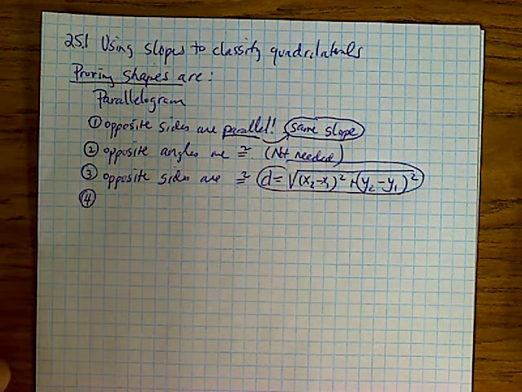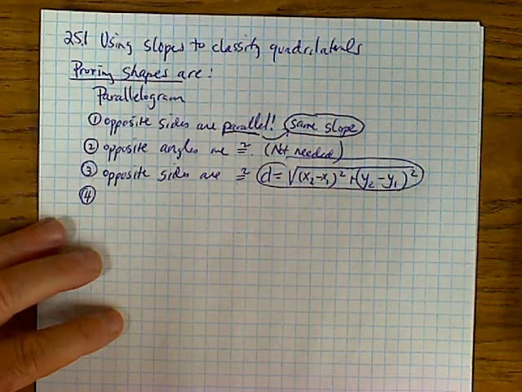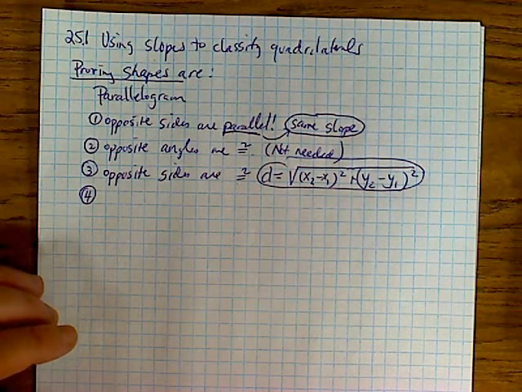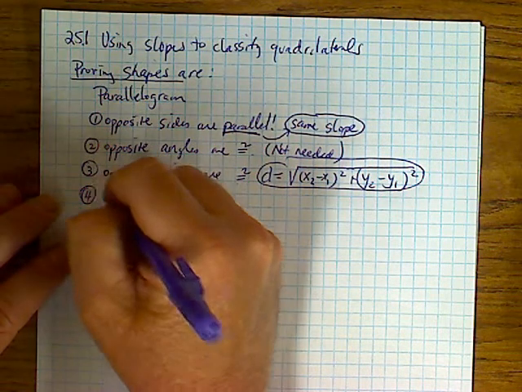Okay, fourth thing. How do I know that I have a parallelogram? There was one more thing, something about the diagonals. Did you study this stuff? What was it about the diagonals that was true? Yes, the diagonals bisect each other.